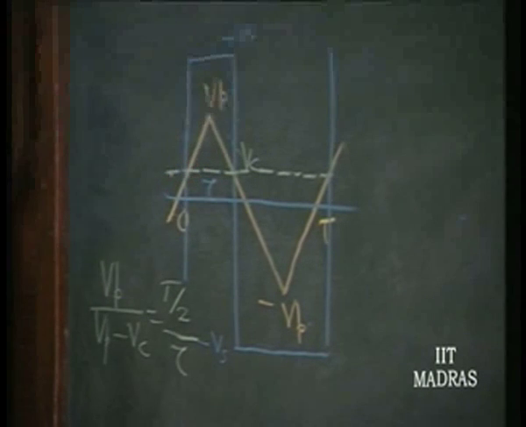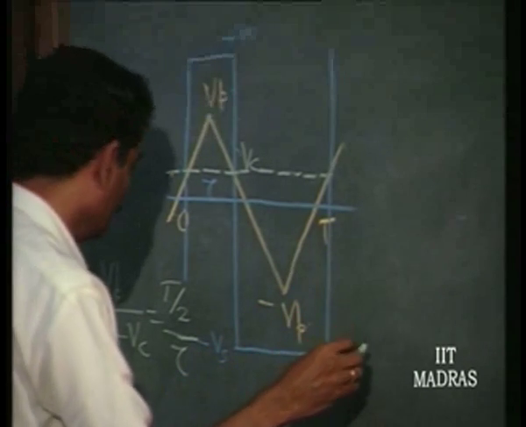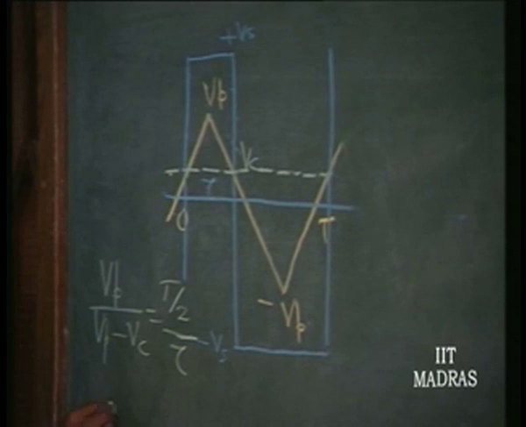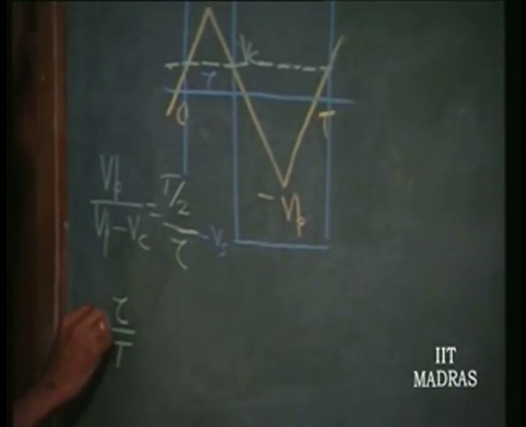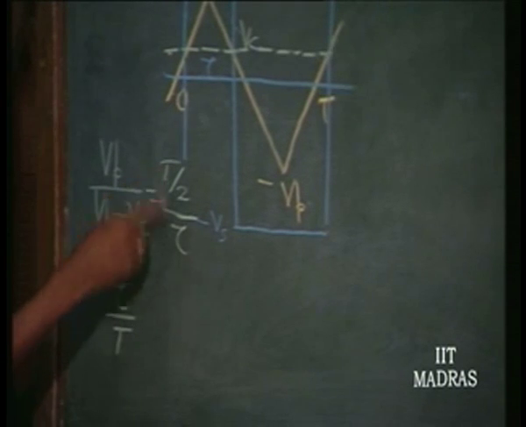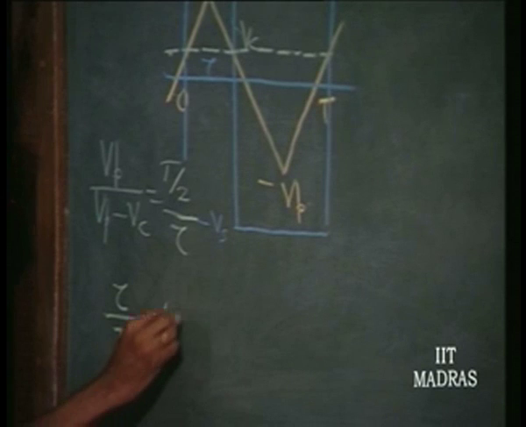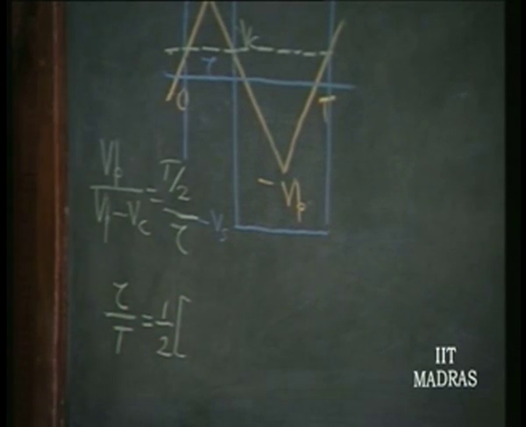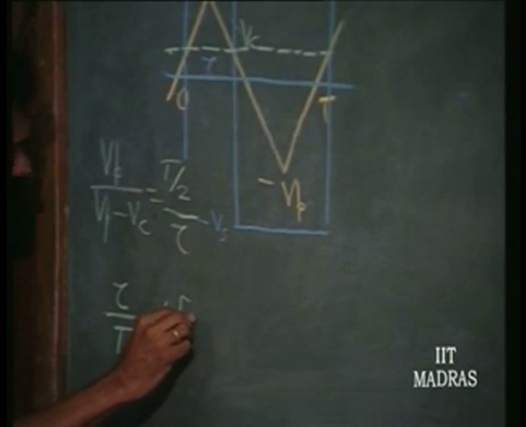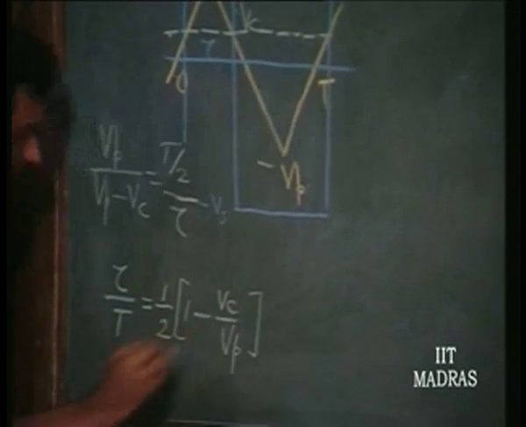So, we can now get some information about how tau by T is going to vary. From this, tau by T is nothing but half into 1 minus Vc by Vp. Is this clear?